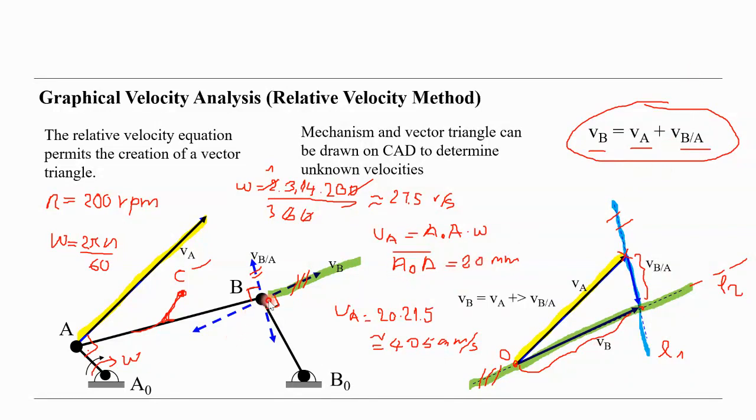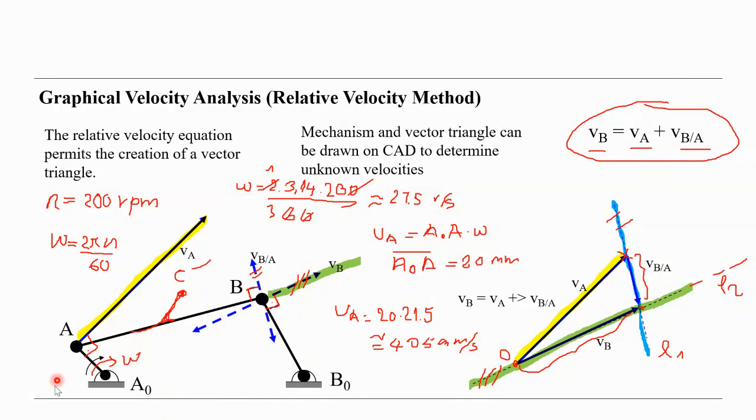the velocity of the point B, which is the connecting point of the coupler and rocker, and also any other point on the coupler, like C, for example.